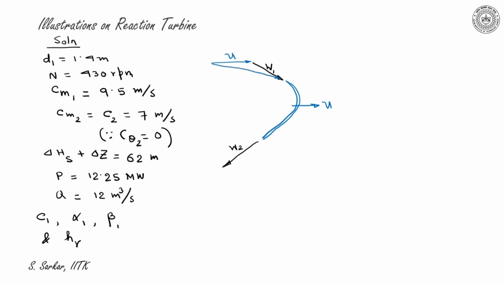Cm1 is given as 9.5 meter per second, and projection of C1 in the tangential direction is C theta 1.